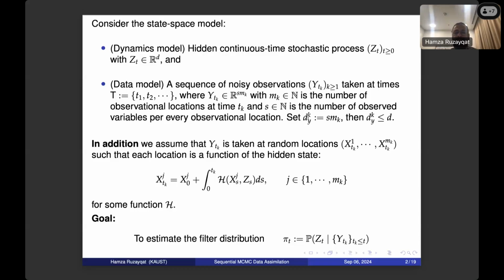And so we set d_yk to be S times m_k. In general, the dimension of the data is less than the dimension of the hidden signal.